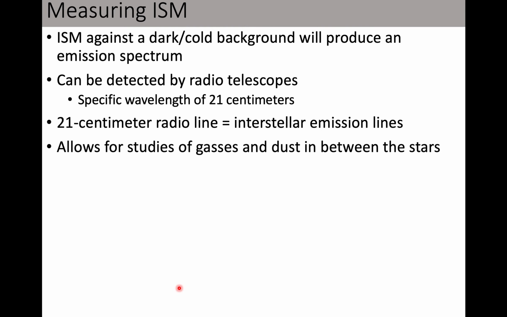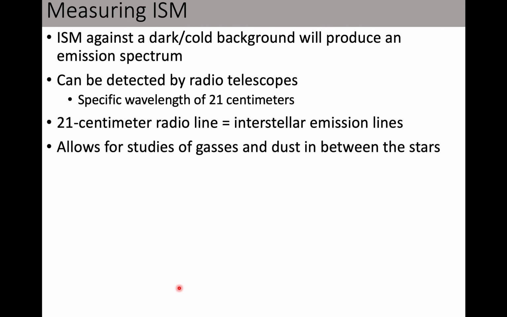If we're looking at an area of the ISM against a backdrop that is dark, or against a backdrop that also is cool, what we will see is an emission spectrum of the ISM. And we can actually detect this using a telescope that is set to observe a specific wavelength of 21 centimeters, which is within the radio wavelengths.